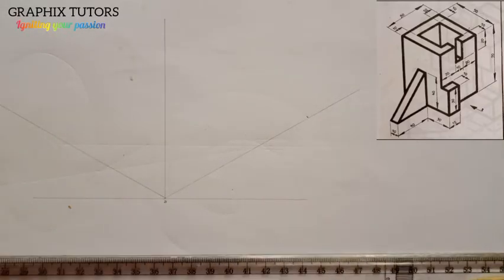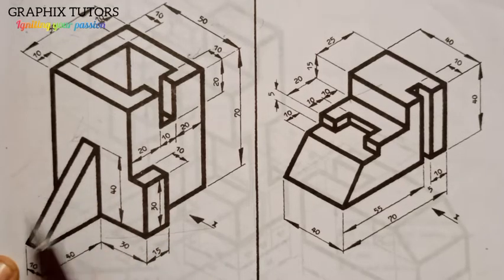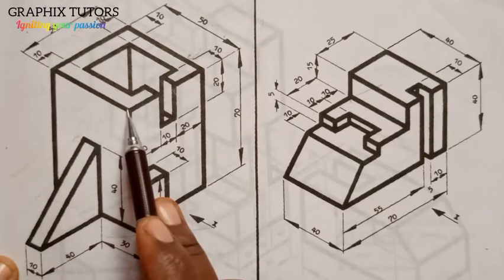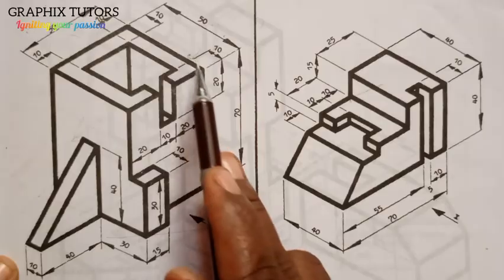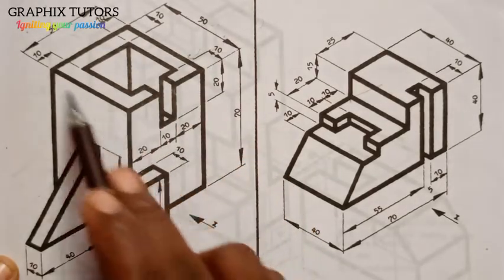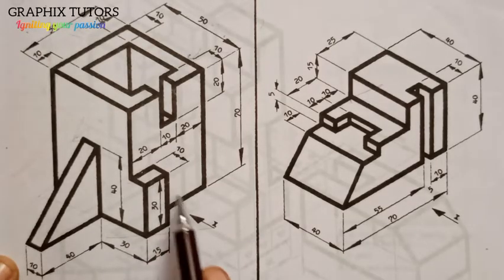Then the entire width, let's see. Looking at this side, facing this direction here, the distance from here to here is 50. Then we have another extra one which is here, and that is 10.